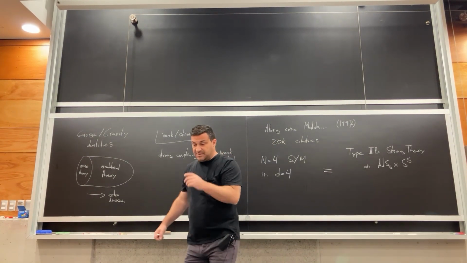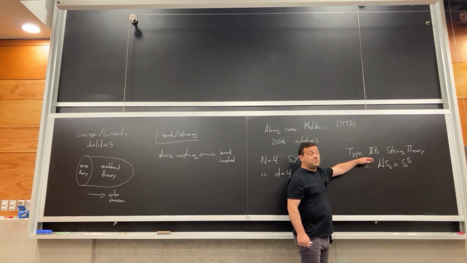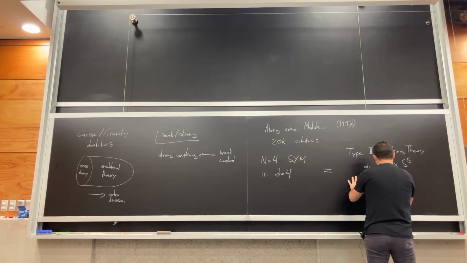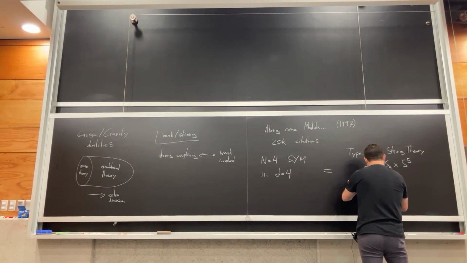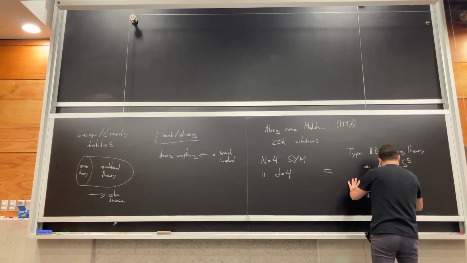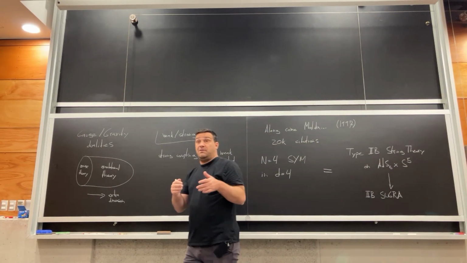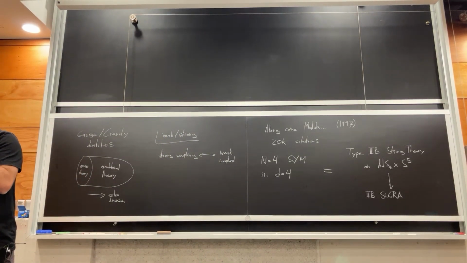But the point is that this theory now is a theory that contains gravitational degrees of freedom. If you go to the low energy limit here, this is type 2B supergravity. Now, if you don't know what supergravity is, supergravity is general relativity on steroids.